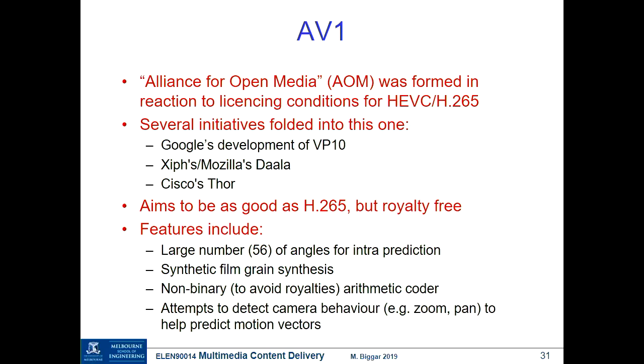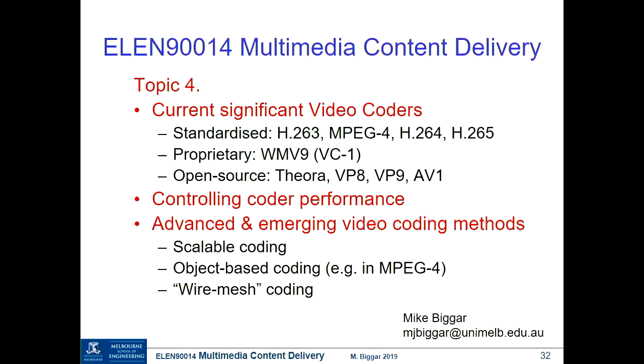And it also attempts to detect what the camera behavior is so that it can help to predict motion vectors. But that's all I want to say about AV1. Maybe someone would like to investigate it more in one of the individual projects.